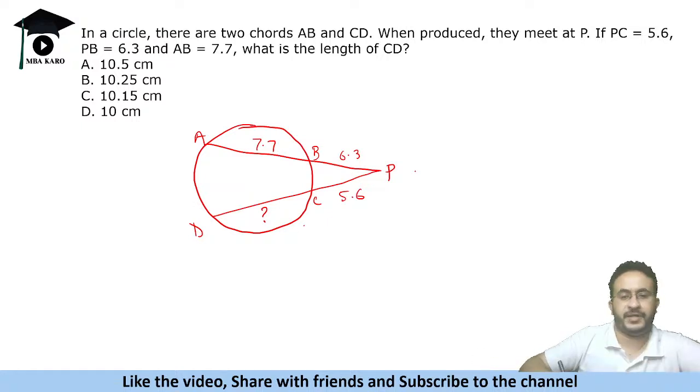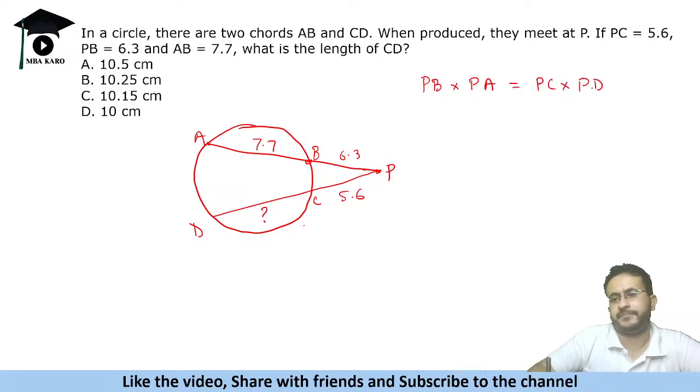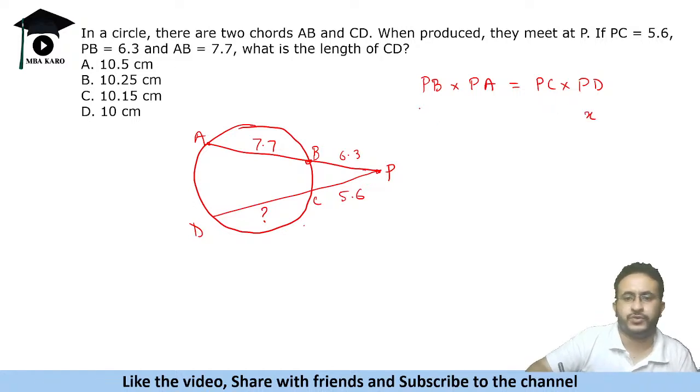Now there is a property which says that if chords meet outside the circle, then PB into PA, meeting point to one end into meeting point to another end, is equal to PC into PD. So let us say PD is X. PB is 6.3, PA is the sum of these two which is 14, PC is 5.6.